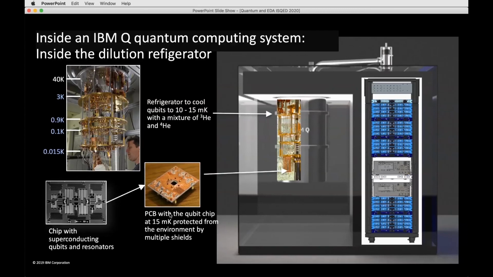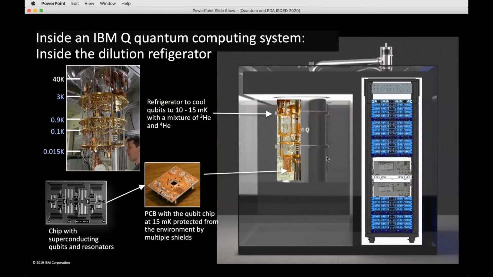This is all sitting at the bottom of this cryostat, running at about 15 millikelvins. Then you go up in the stack layer by layer, and with each layer things get warmer, getting up to about 40 Kelvin, and then you go into room temperature, and then into the stack on the right, what you call the room temperature electronics.